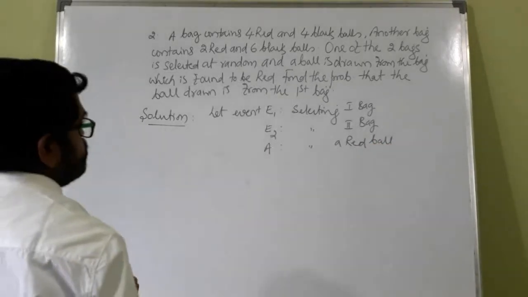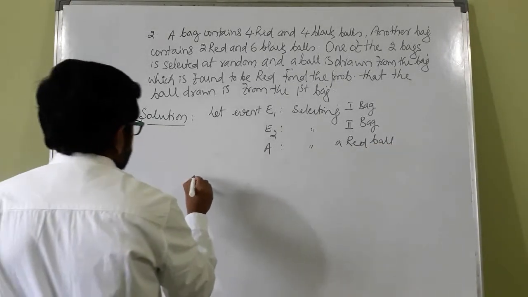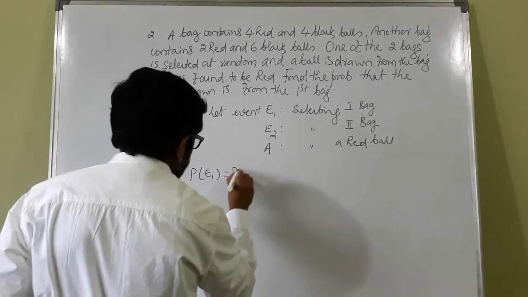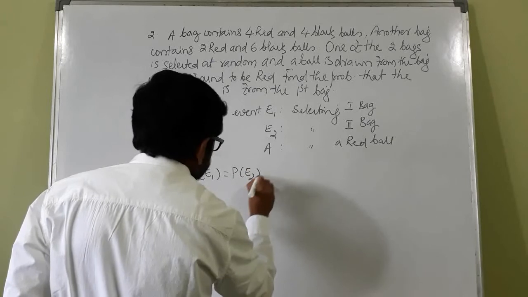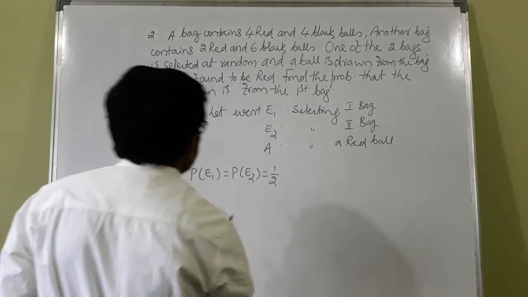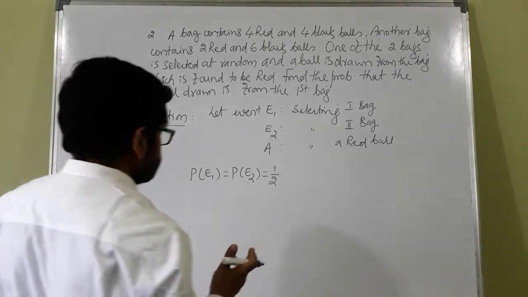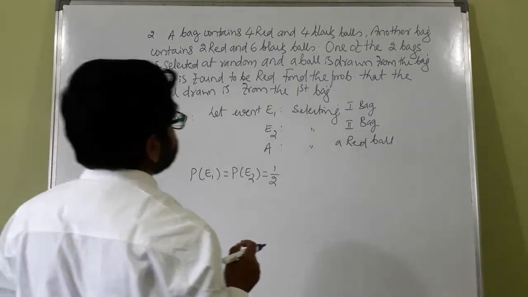Okay, see here, probability of E1 is equal to probability of E2 is equal to half. Only 2 bags are there. Either one you can select, both having the same probability of getting selected.